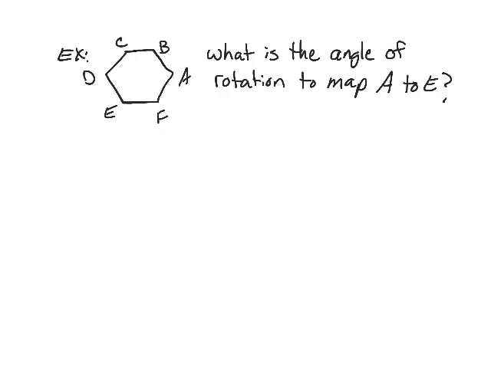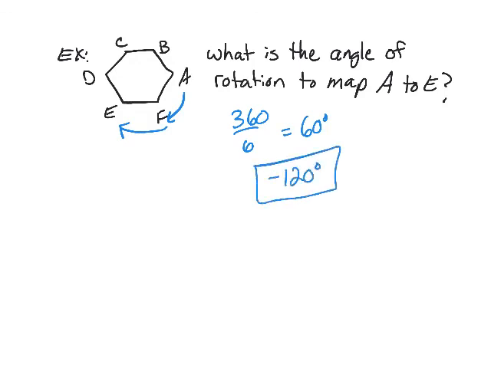We're going to assume this is a regular hexagon. We have 6 angles, so 360 divided by 6 is 60 degrees again, only I need to go this way. So there's negative 60 and another negative 60, so it's negative 120. And that is basically the types of examples you're going to see with rotations in your homework today.